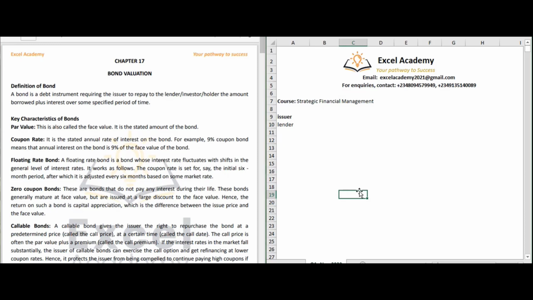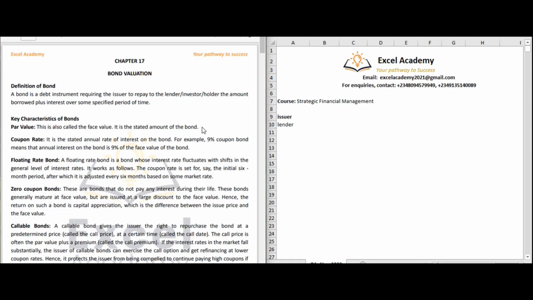Then the characteristics or types of bond, however you want to put it, these are the terms we need to be conversant with before we delve into the computations. So the first thing is the par value. I've heard of par value before, usually in terms of shares. The par value of a bond is what is stated on the face of the bond.